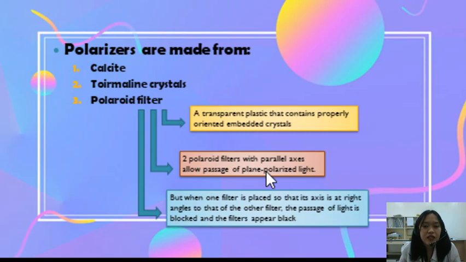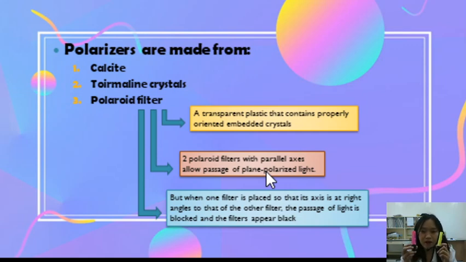But when one filter is placed, so kailangan parallel sila. So, for example, ito yung ating Polaroid filters. So, kailangan parallel sila. Okay? Parallel sila in order for parallel axis sila para ma-allow yung passage ng polarized light.